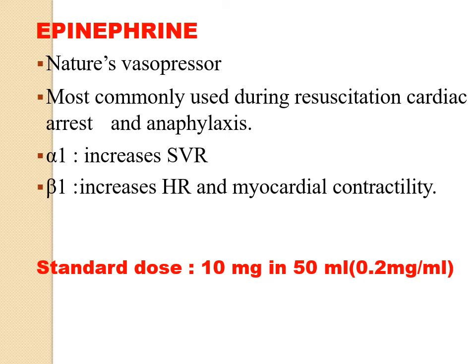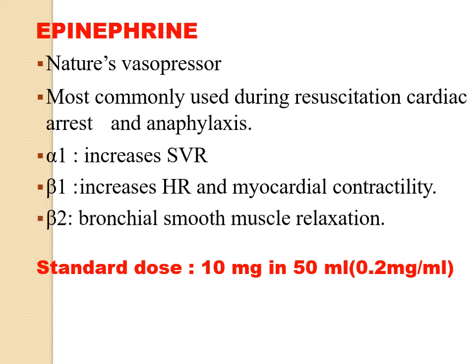Beta 1 activity increases the heart rate and myocardial contractility, whereas the beta 2 effect is responsible for the bronchial smooth muscle relaxation, bronchodilation, and the standard dose is 10 mg in 50 ml.